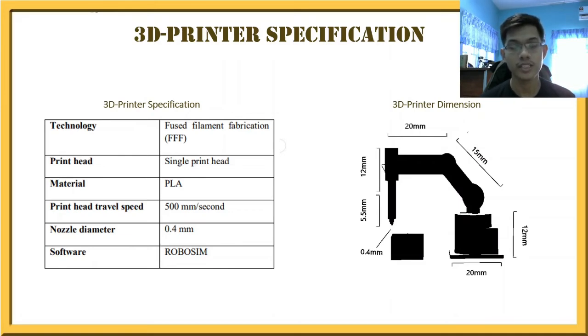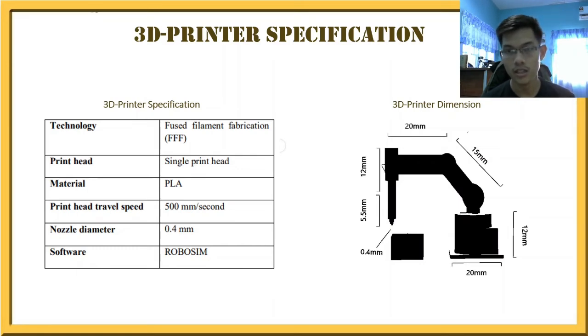So for the 3D printer specification, we use the technology of fused filament fabrication (FFF), a single printed head of the 3D printer nozzle. The material that will be used in the 3D printer will be PLA, and the nozzle diameter of the 3D printer will be 0.4 millimeter.